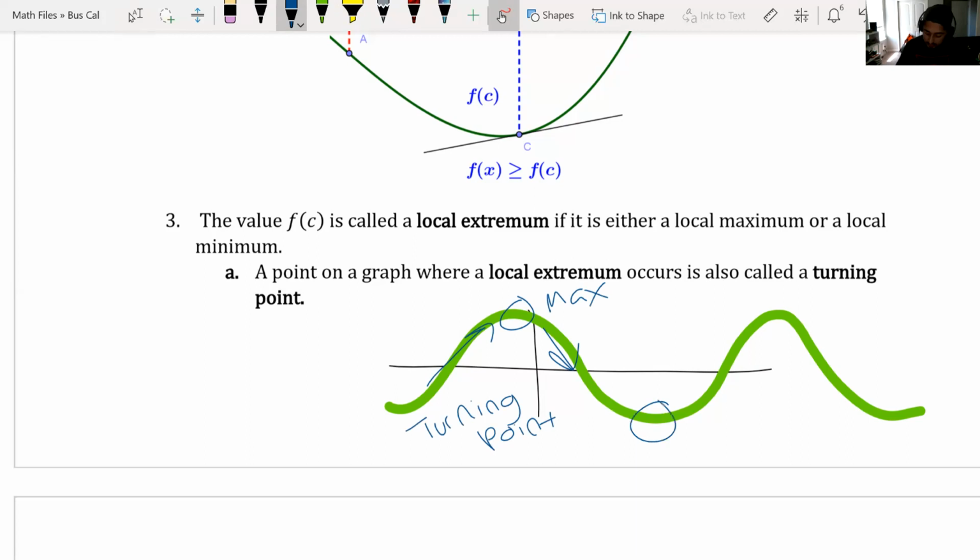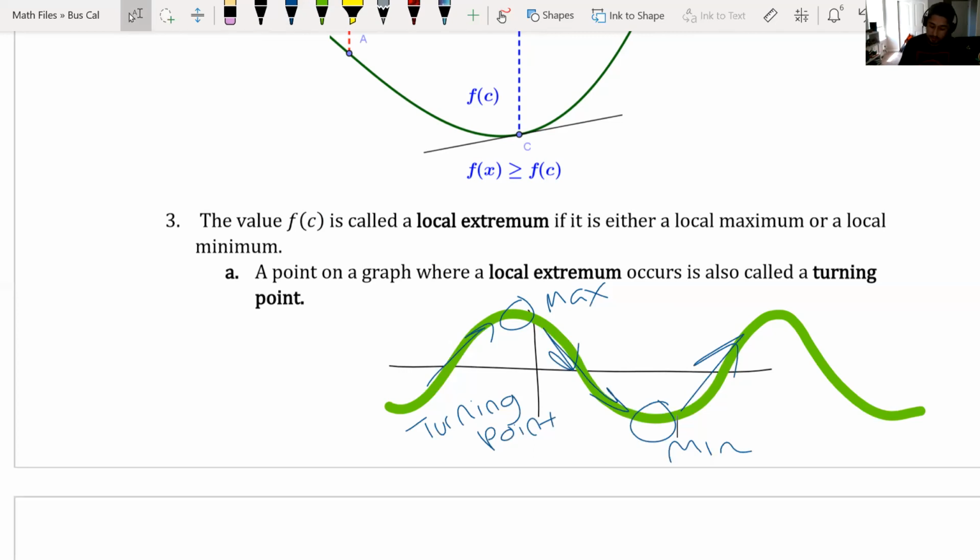Down here, this minimum would be the low point, a local minimum, and it also would be a turning point because we go from decrease to increase. So that would also be a turning point. Turning point means the graph has to change direction. And normally, those maxes and mins are found at the critical numbers. Okay, I can leave that graph up there.